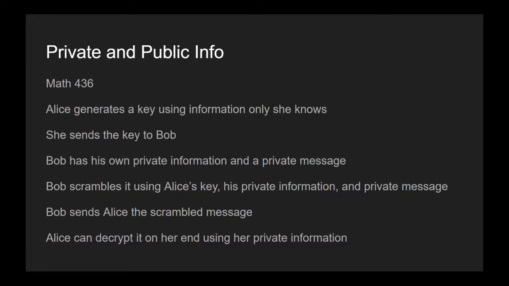That doesn't make sense, because if you're sending it over a public channel, and the person you want to see it sees it, well, someone else could see it too. So it's not really secure.